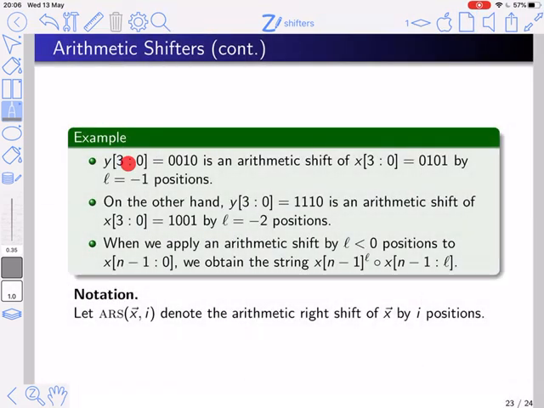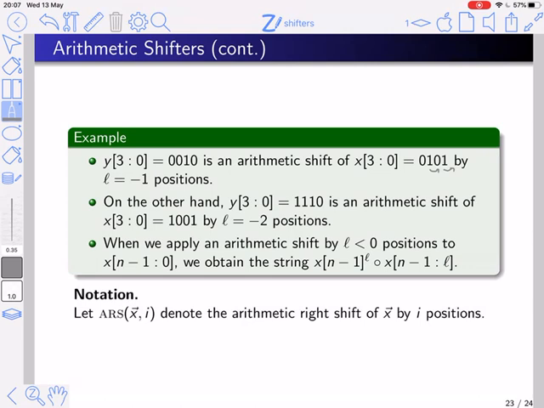So for example, if I start with a string x, which is 0, 1, 0, 1, and I want to perform an arithmetic shift by one position to the right, so this is like shifting to the left by -1 positions, so this is shifting to the right by one position, then this 1 will go over here, this one falls out, and this is why I see this string as the output.